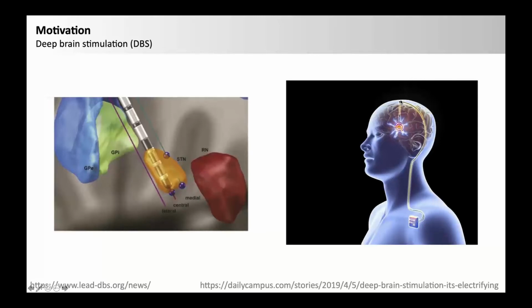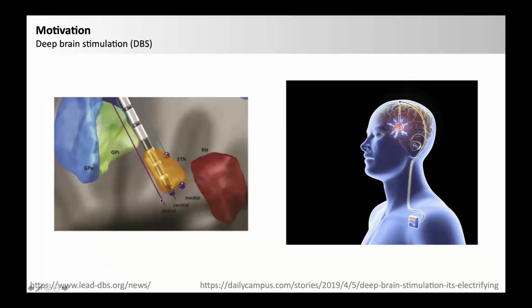And then there is a cable going all the way to the chest, where there's a kind of pacemaker-like device, which has the batteries and so on. There is also a remote control, which can program this small stimulator device, and then it's giving out some electrical currents and pulses around its location.